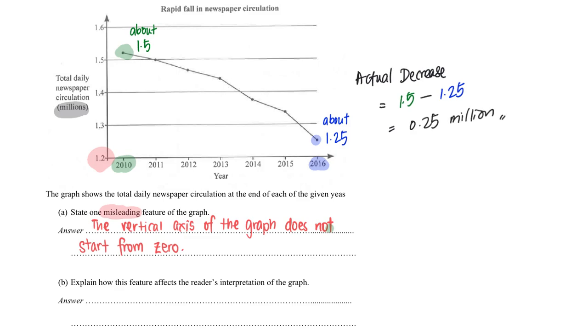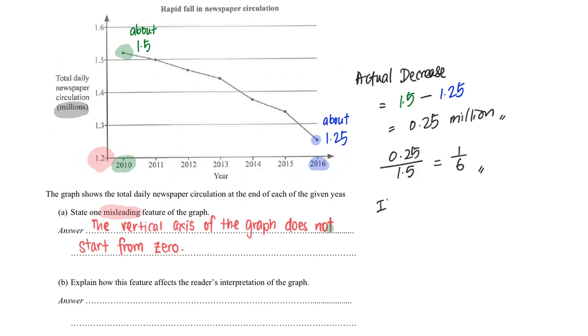And this is actually 1/6 of the value in 2010, right? But if I look at this whole thing, it seems that we will lose all the circulation by 2016 if we don't look at the figures carefully.